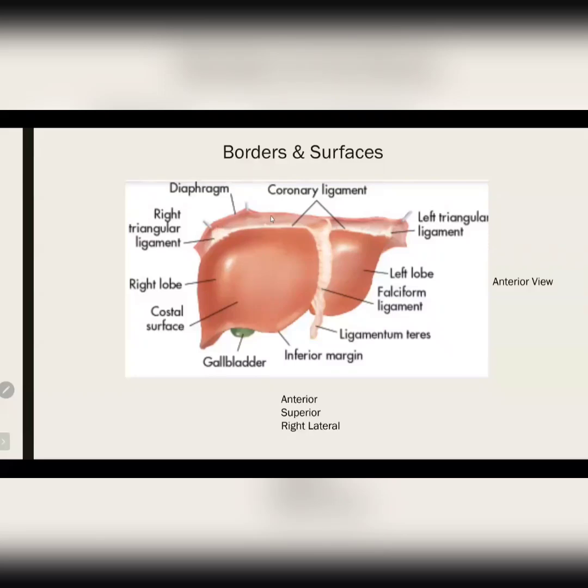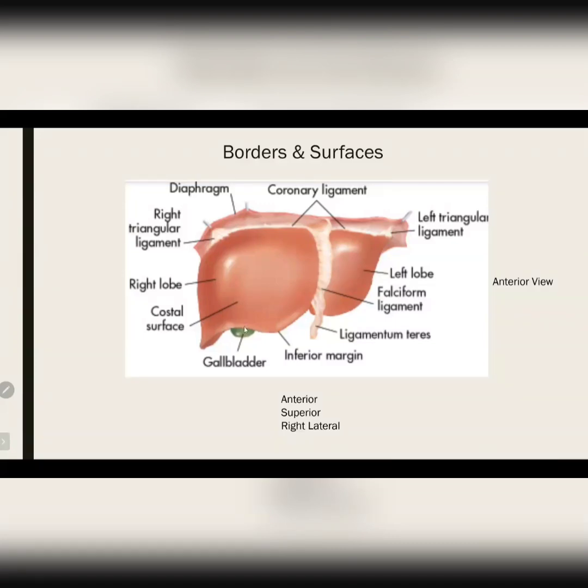Superiorly, the liver is related to the thoracic diaphragm, so the superior surface is the surface related to the thoracic diaphragm. And since the liver is a large organ, this large area which occupies the right hypochondrium is called the right lateral surface. So in anterior view, these are the three surfaces of the liver.